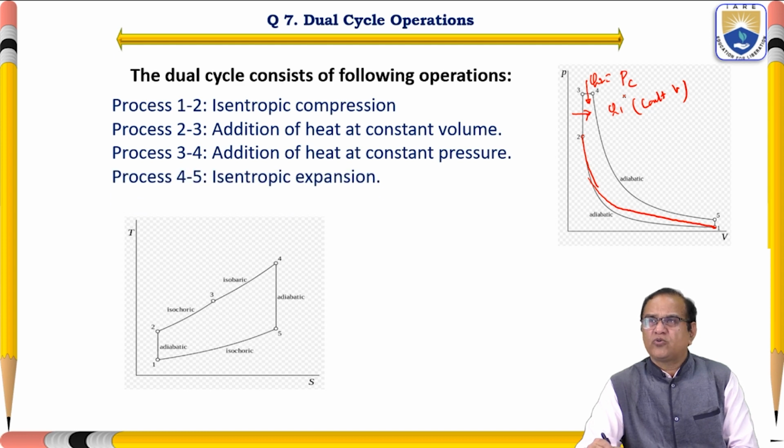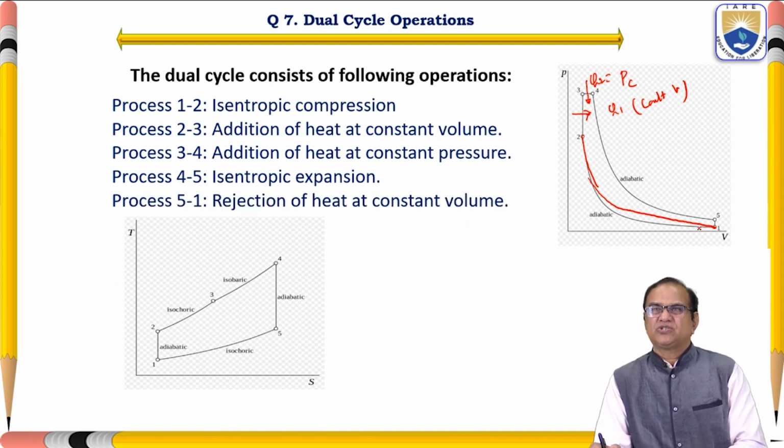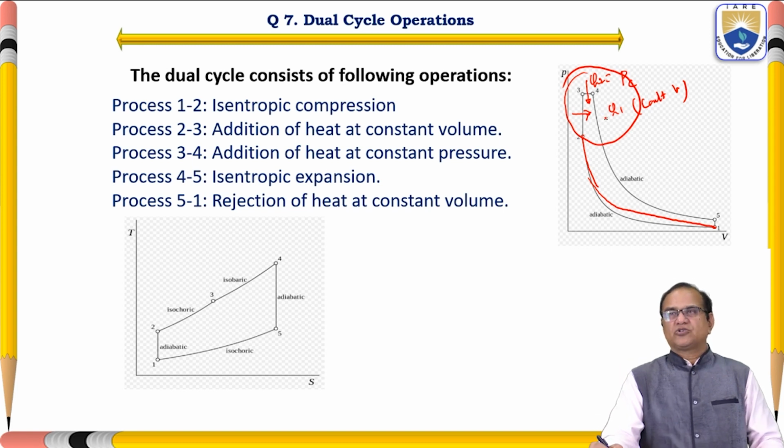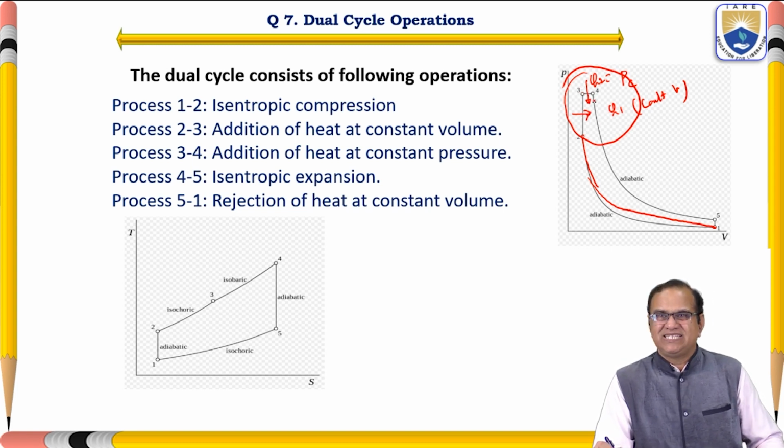Now 4 to 5 is an expansion process, isentropic expansion. And 5 to 1 is constant volume heat rejection. So only this zone is different here. Here we have clubbed the Otto cycle, 2 to 3, and the diesel cycle, 3 to 4.